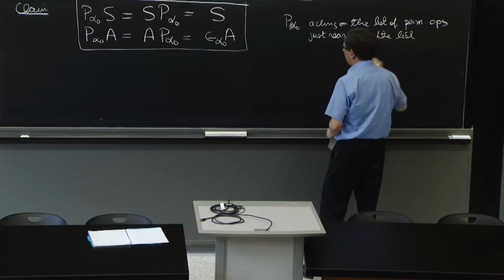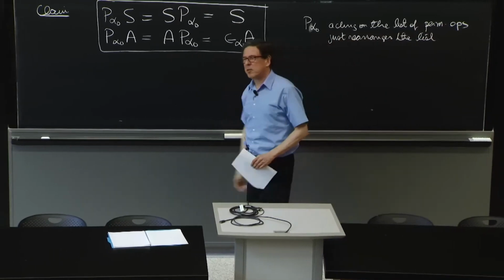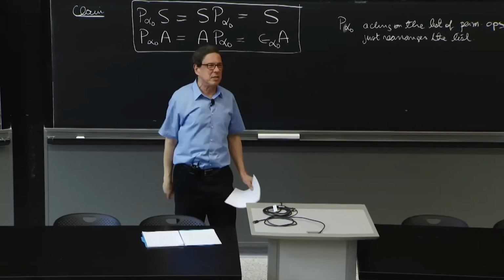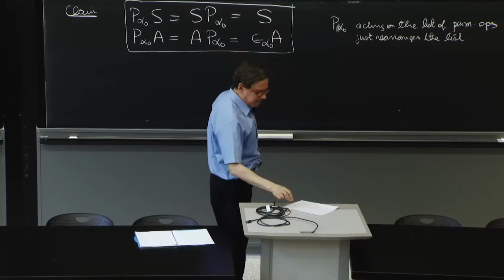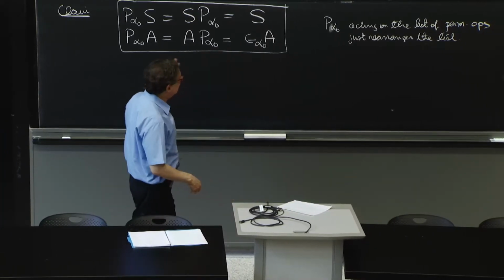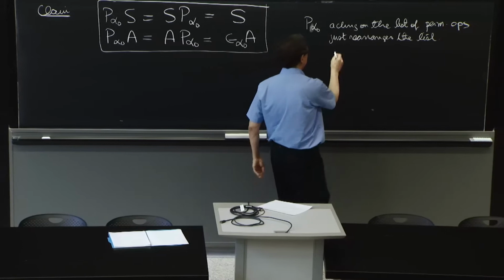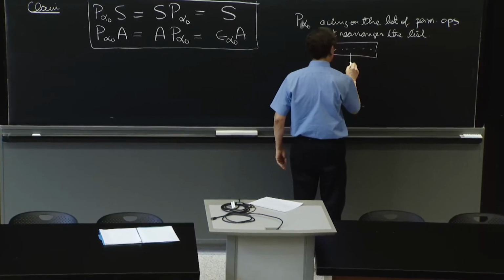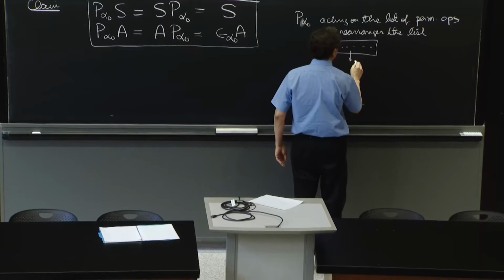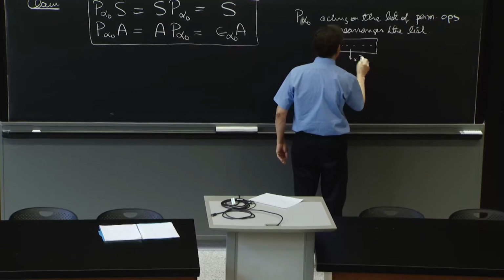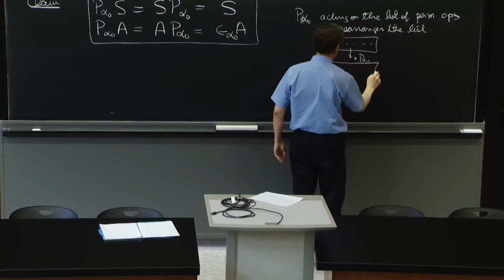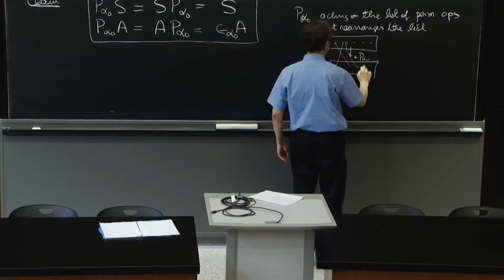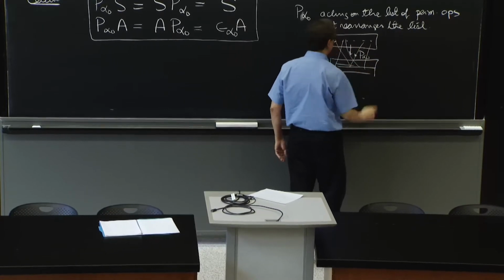We just argued that taking the inverse of the permutation operators just rearranges the list. Multiplying by P alpha 0 the list of all permutation operators, here you have all the permutation operators. Now you multiply by P alpha 0, and the claim is that they just go somewhere, but you get the same list at the end.